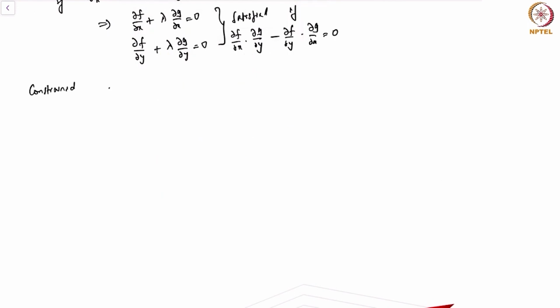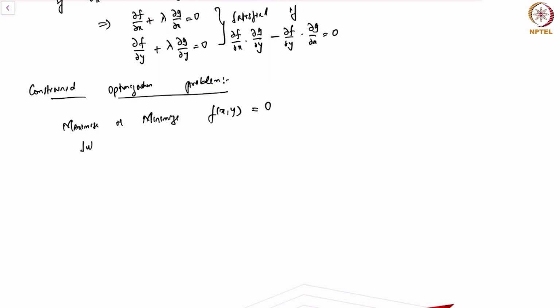Constraint optimization problem. The constraint optimization problem is maximize or minimize f of x comma y equal to constant, subject to g of x comma y equal to 0.